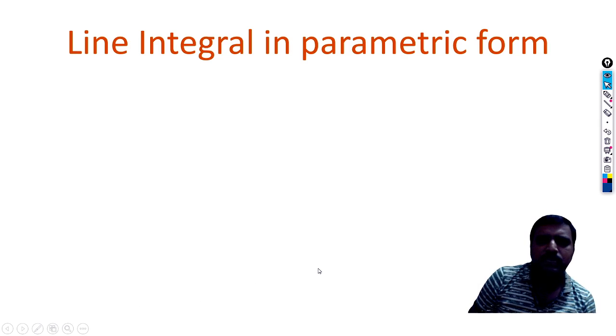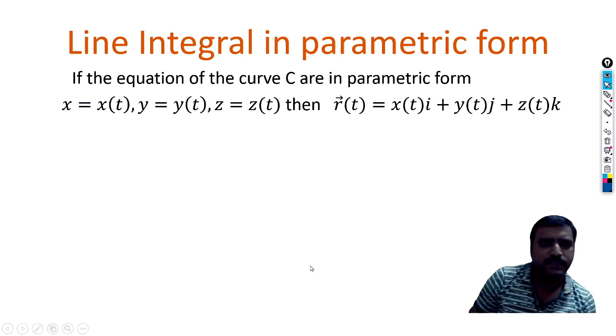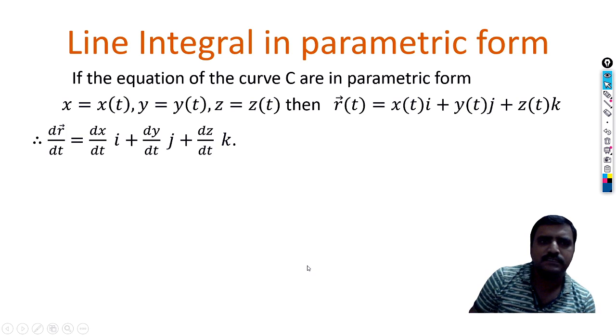Suppose the curve is in parametric form. Then how can you write the line integral? As usual, the coefficients of F are all functions of t. That means it is in parametric form, so you can write P, Q, R in a single variable, t. If r is equal to x(t) i plus y(t) j plus z(t) k, then dr by dt is dx by dt i plus dy by dt j plus dz by dt k.